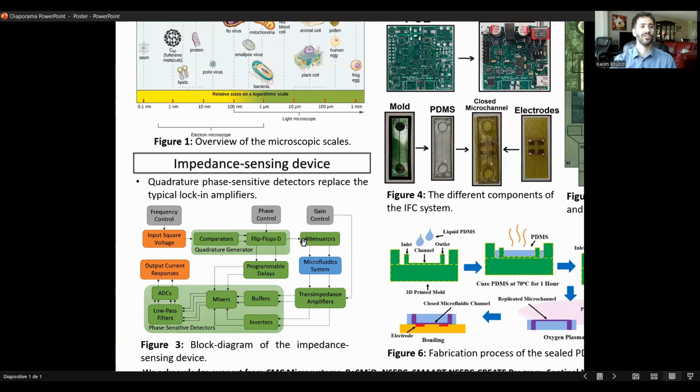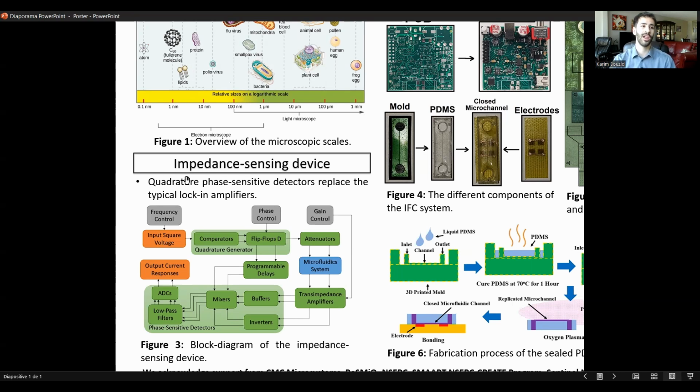The main innovation from the technical electronic point of view is that instead of using lock-in amplifiers, as is typically the case for bulky high-end devices, we're going to use a quadrature phase-sensitive detector, which works in a way really similar to lock-in amplifiers, but instead of using a sine wave, it uses a square wave.